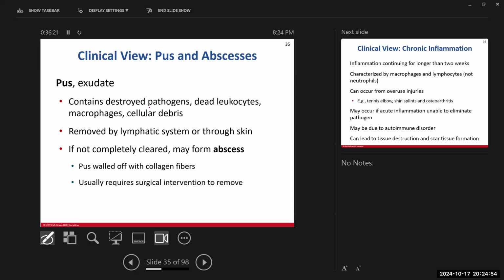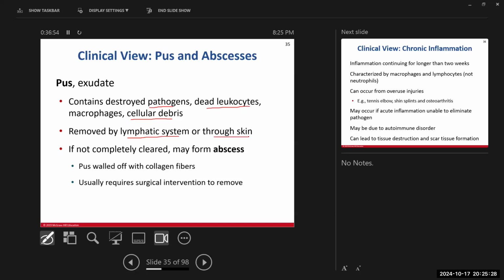Those casualties include the pathogens that were killed, the dead soldiers that your body had made to go and fight the war, and then the damaged tissue that is part of the area where the battle was fought. All that stuff is stuck in a certain location. A lot of the times, depending on how significant the infection was, a lot of that stuff gets cleared away. The lymphatic system will wash it away, or your skin will eventually just resorb a lot of that and break it down.